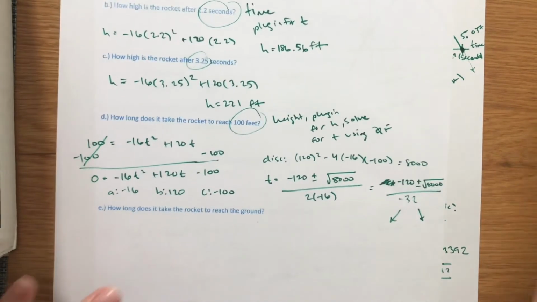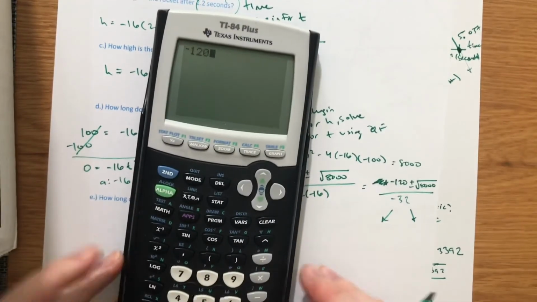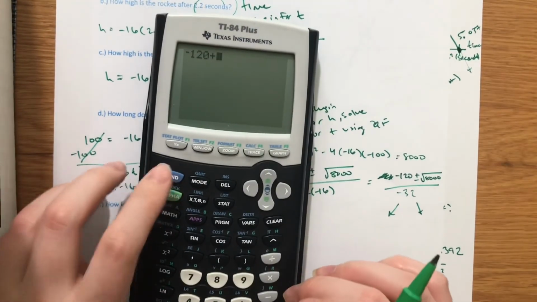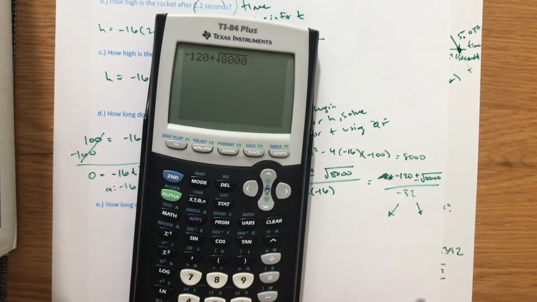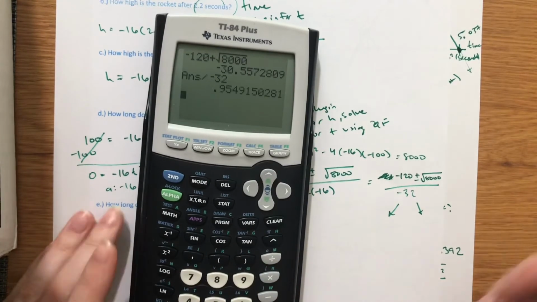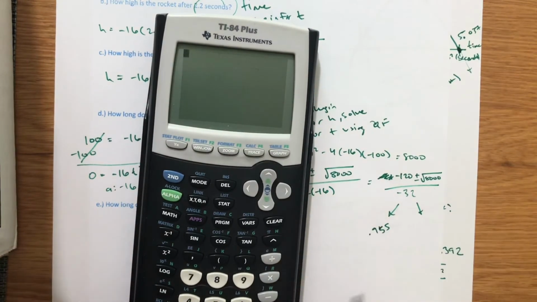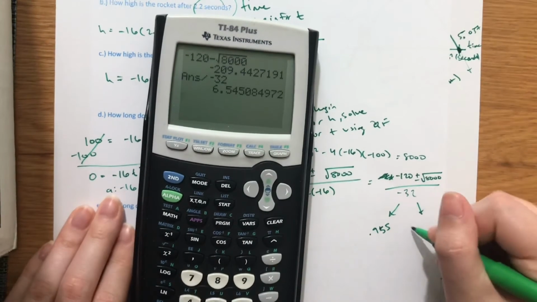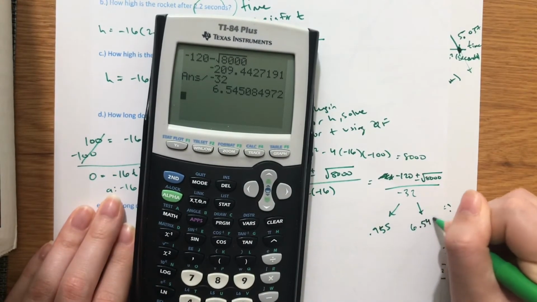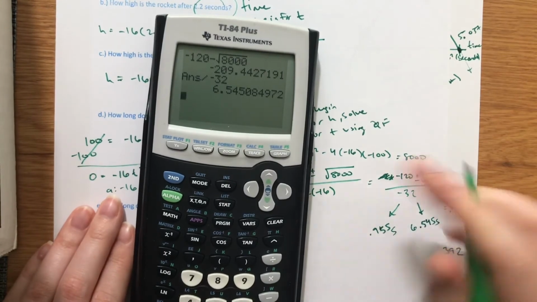Plug both into your calculator. Negative 120 plus the square root of 8,000 divided by negative 32 is 0.955. Negative 120 minus the square root of 8,000 divided by negative 32 is 6.545. So there's 2 points.